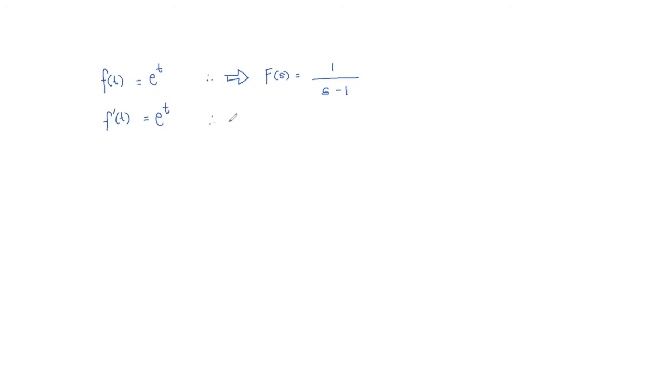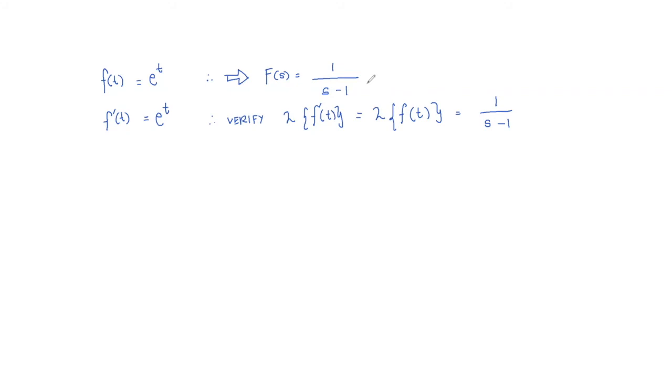In other words, they are identical. So here we'll try to verify that the Laplace of the derivative, f prime t, must also be similar to the Laplace of the function itself, f t, whereby both of them should have a Laplace transform of 1 over s minus 1.